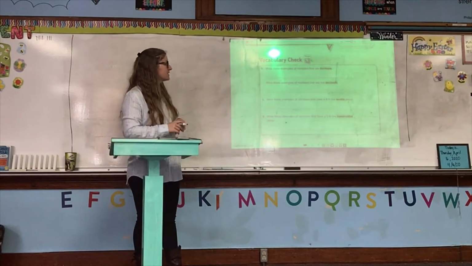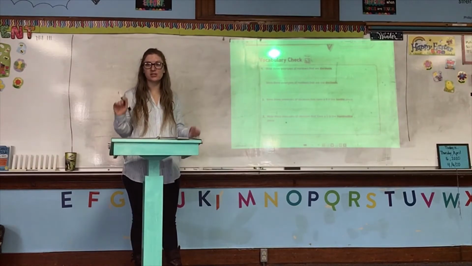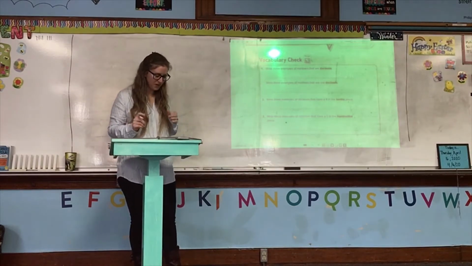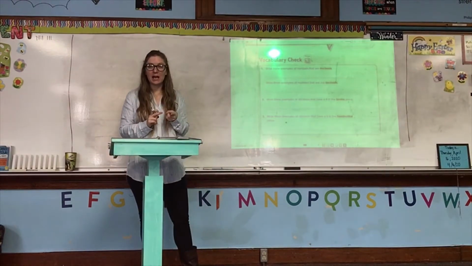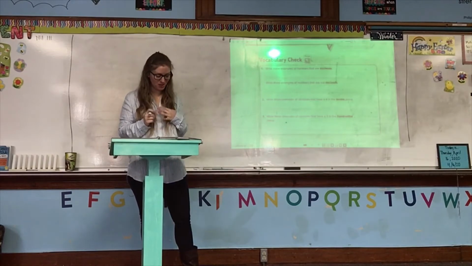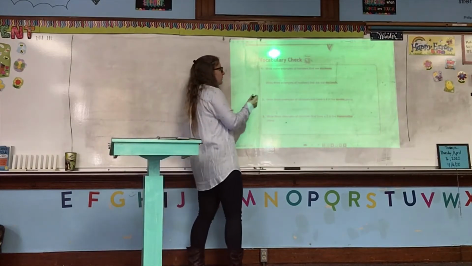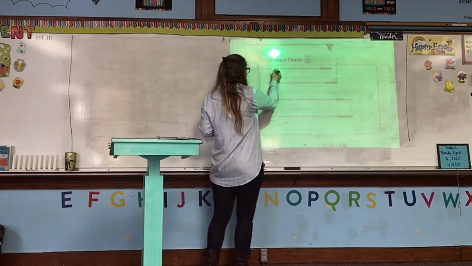Number 1 says write 3 examples of numbers that are decimals. Now your numbers are probably going to be different than mine, but as long as you have a ones place, followed by a decimal point, and at least a tenths place, maybe a hundredths place too, you are correct. So I will just write a couple of my own examples.